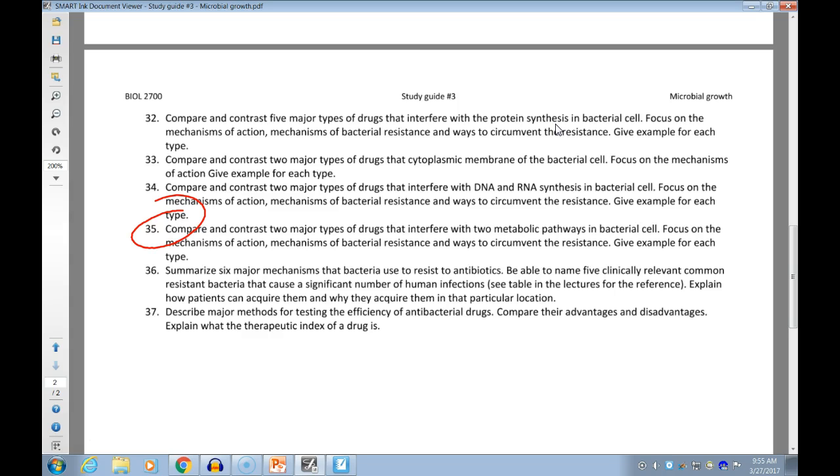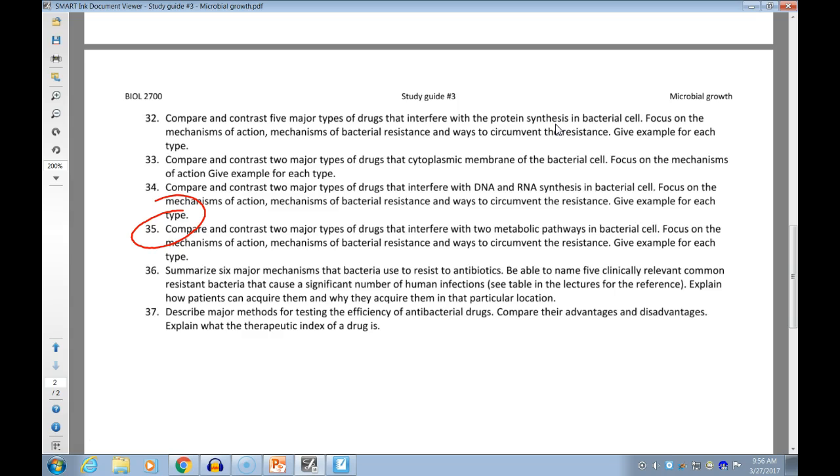Major mechanisms that bacteria use to resist antibiotics. Now, don't look. Let's figure it out. That's logic. What can bacteria do to prevent drugs from action? Okay, so enzymatic bypass.